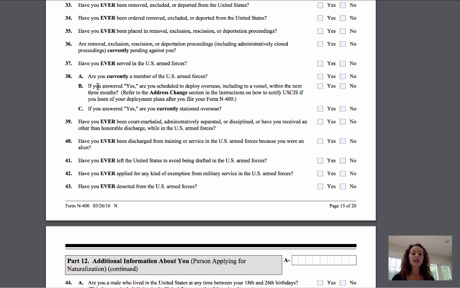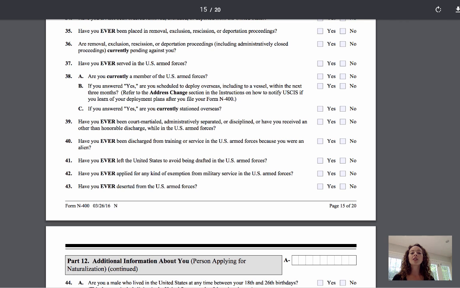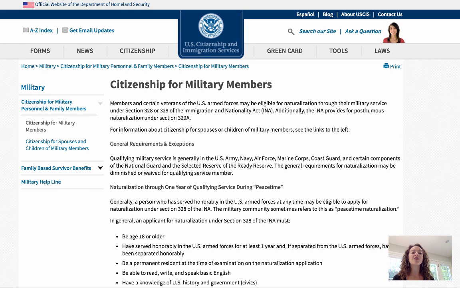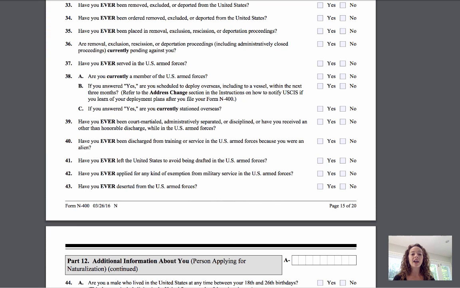Number 38, right here. Are you currently a member of the U.S. Armed Forces? You're going to read very carefully about citizenship for military members. Okay, there's some different ways to go about citizenship for military members, so you want to be familiar with that area.